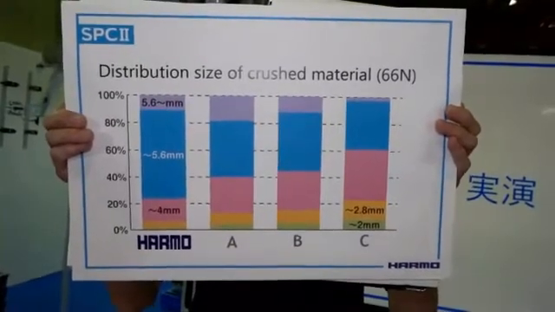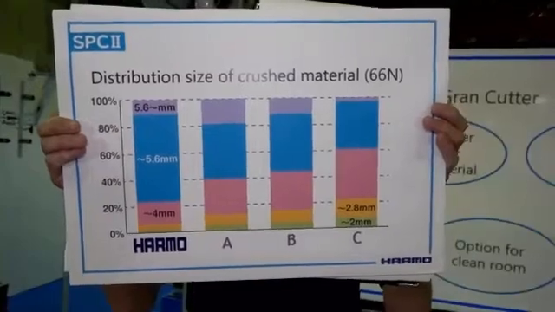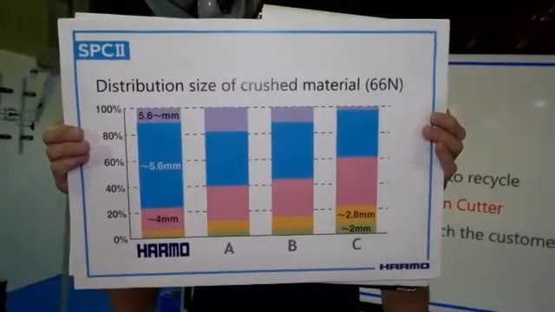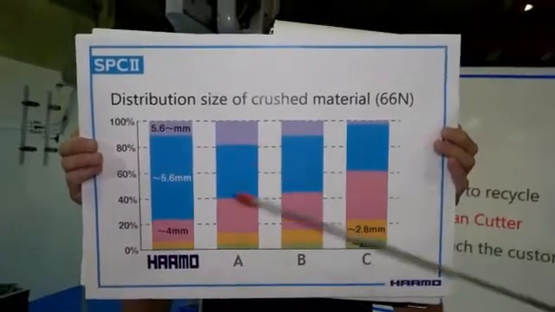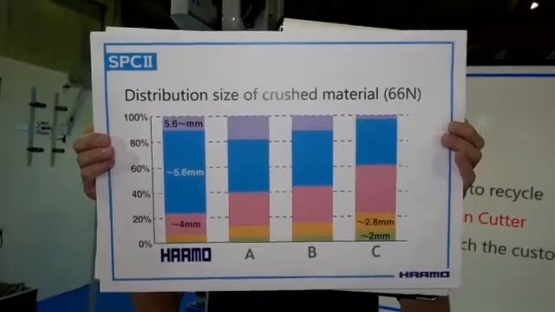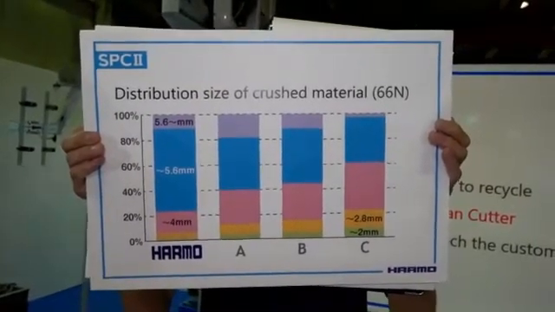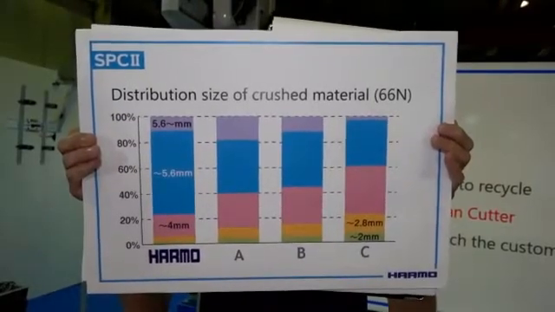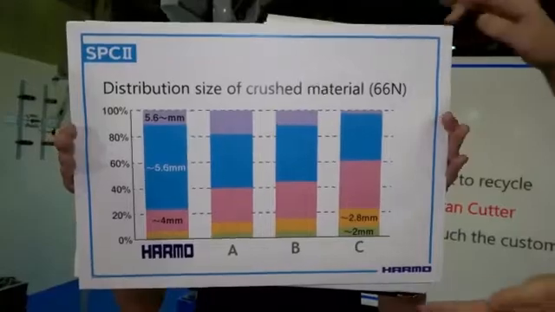As you can see, there is a variety of material sizes in each manufacturer, but with HARMO, the majority of recycled material size is 4.1 to 5.6, which is the target size. What I'd like to tell you is Gran Cutter can cut spool and runner to almost equal size.